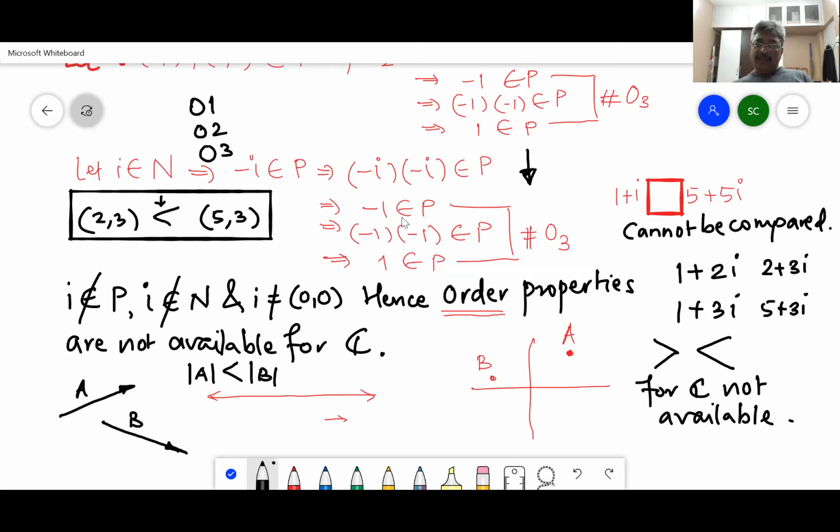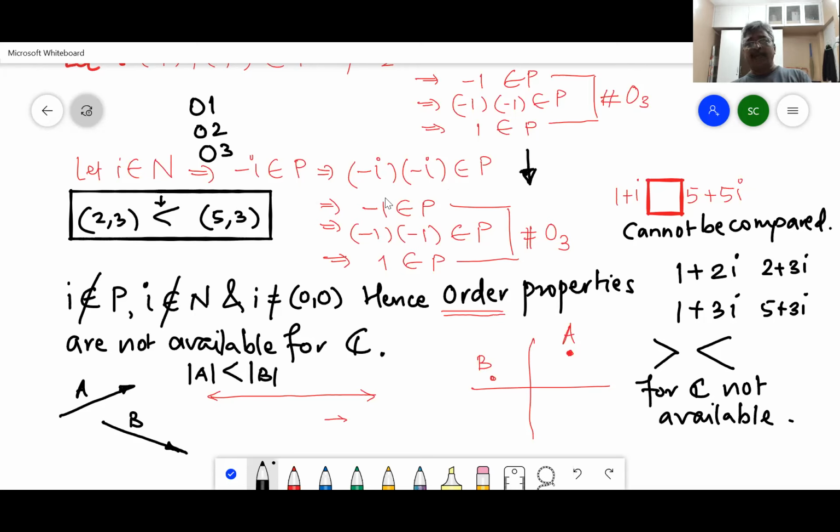Right now the contradiction that we have proved uses O2 and O3. But if we use the distributive property, or if we create an algebra where addition and multiplication are both required, then O1 will also come into the picture, and therefore the three together must be satisfied.